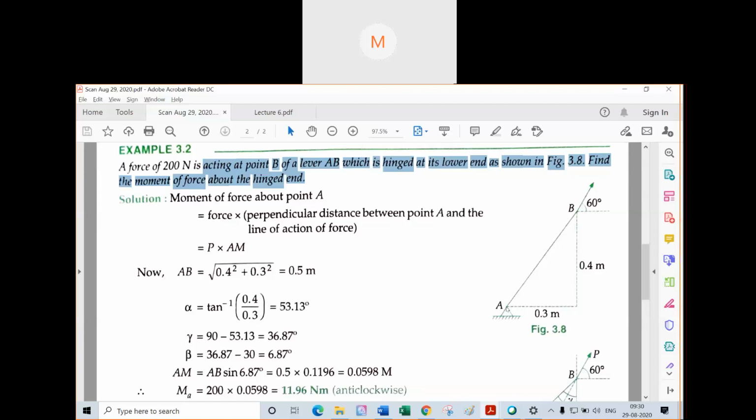So what you have to do is find out the moment of the force about the hinge end. So how will you find the moment of the force about the hinge end?